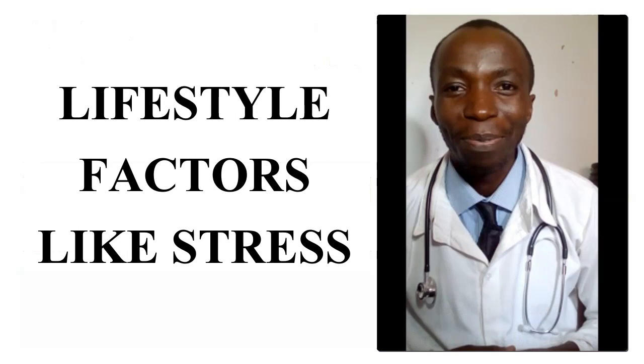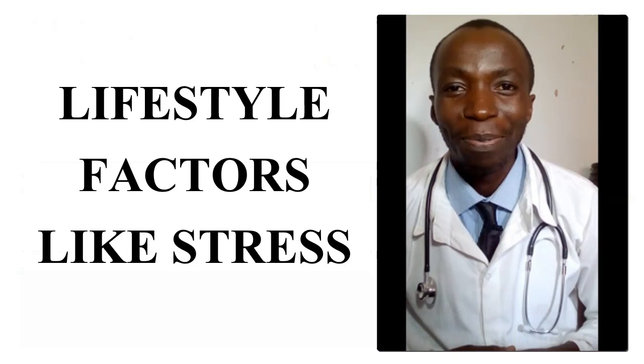So lifestyle factors, we are talking about issues like excessive stress. You should work on stressors. You can do this by avoiding the stressor, adjusting to the stressor, and also altering the stressor. You can also talk to your counselor if the stress is really too much. When a woman is stressed excessively, there will be a hormone known as cortisol.